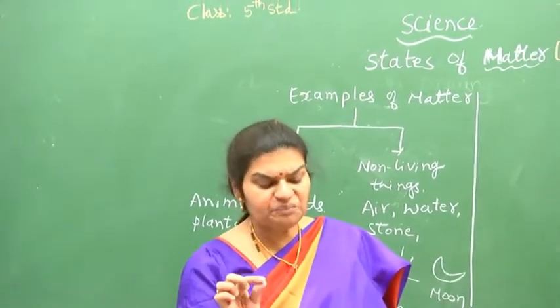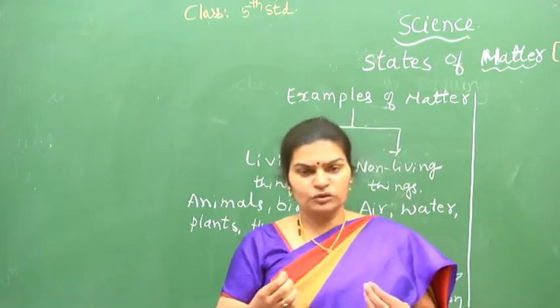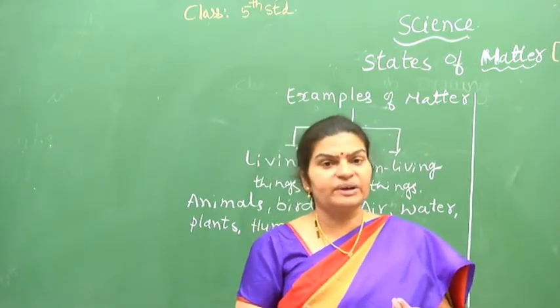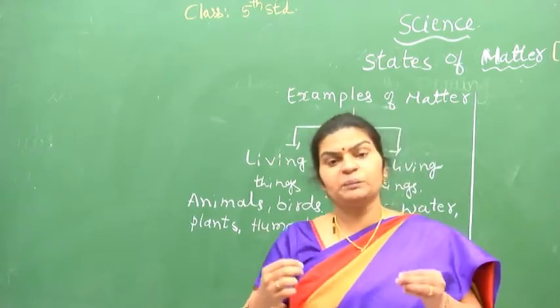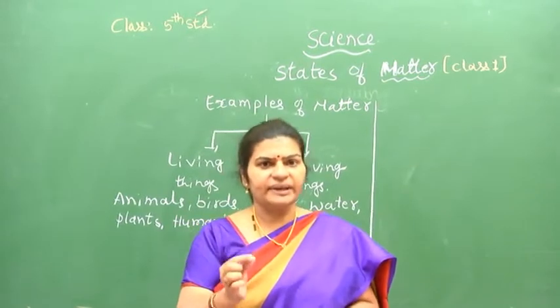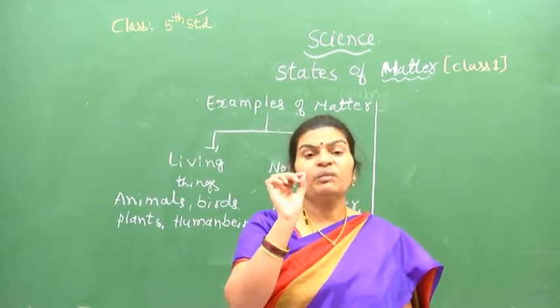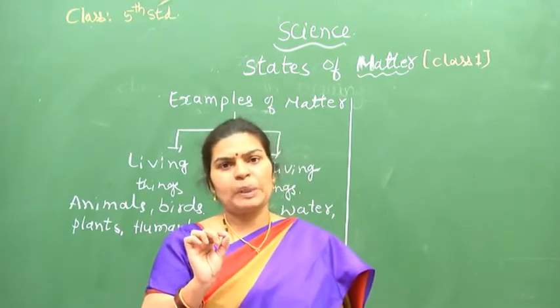In the same way, what is matter made up of? To know that, if you go on making pieces into pieces into pieces, the smallest piece, then we will come to the very smallest particle.